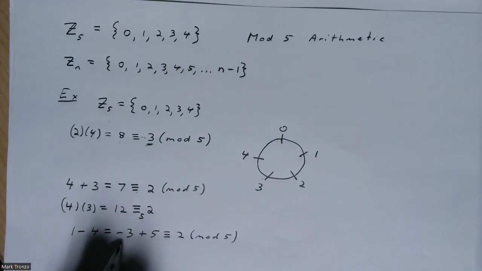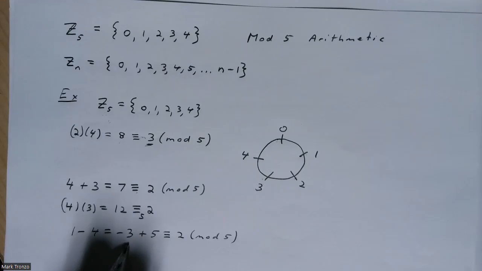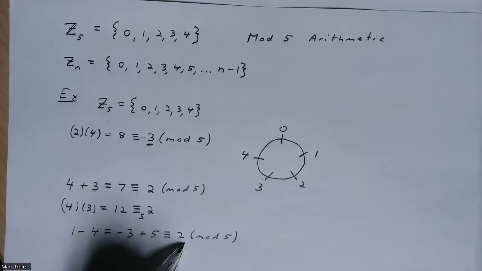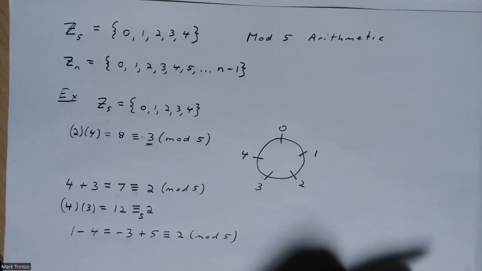So again, whenever you have a negative, as usual, you try to divide by 5. In this case, 5 didn't go into this at all, so this is the remainder. If it's a negative remainder, you always add the mod number, which is 5, and that's going to be our 2 mod 5.